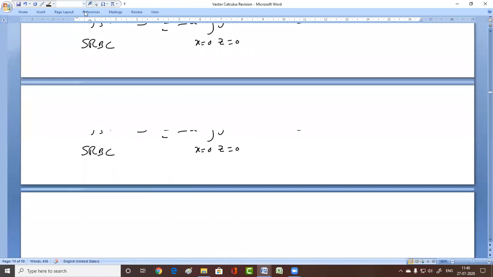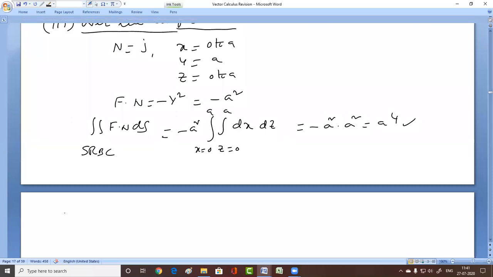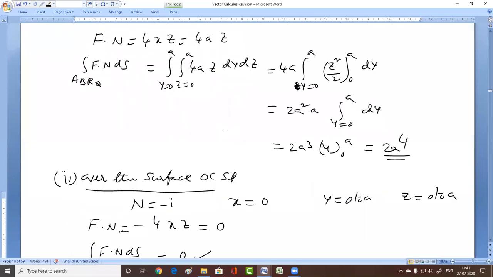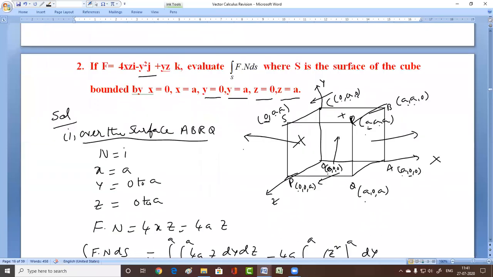In a similar way, the fourth surface. Over the surface, I will take PQRS, front.